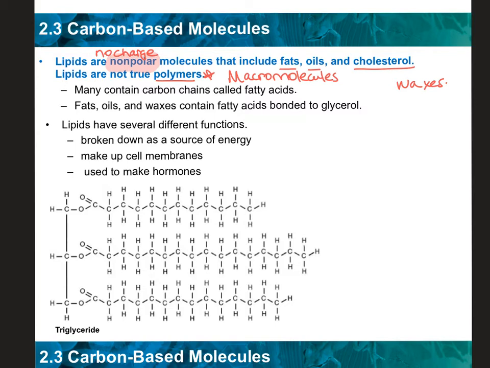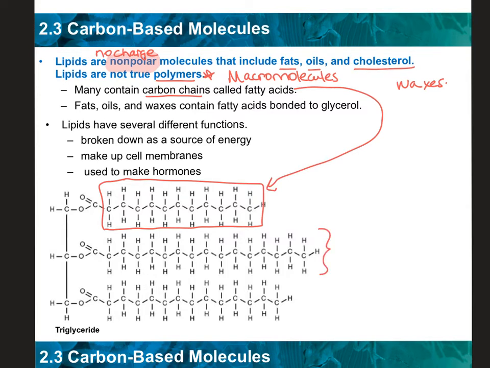So let's look at the chemical makeup of a lipid. So lipids contain carbon chains called fatty acids. So here's my carbon chain. This would be my fatty acid. And notice I don't just have one, I have 2, 3 fatty acid chains or tails.